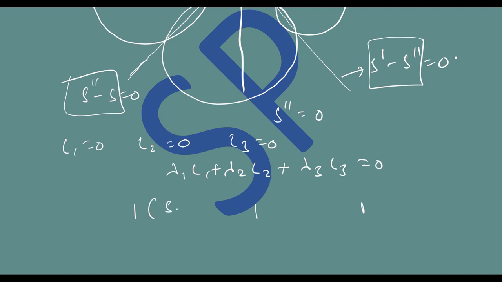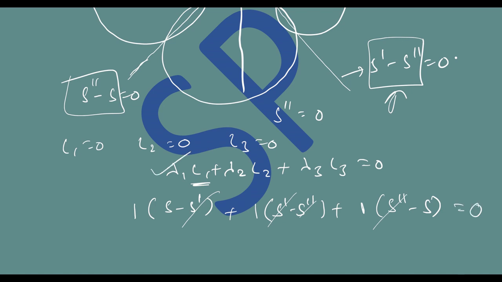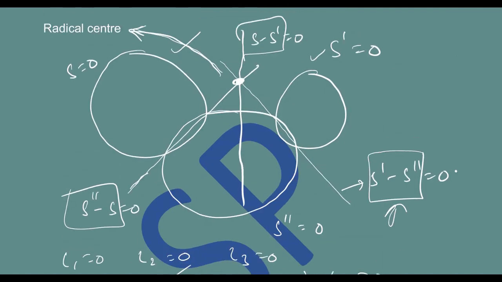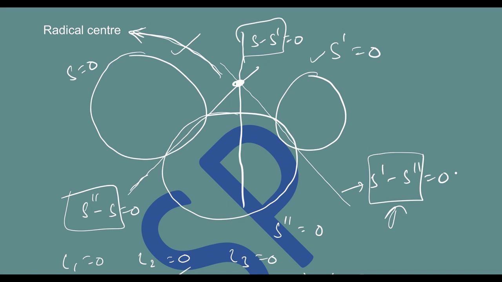So 1 into (S minus S'), this is L1, plus 1 into (S' minus S''), I am taking this as L2, plus 1 into (S'' minus S). If I simplify this, the terms get cancelled and ultimately I get 0. So this relation is maintained here. That means the three lines are concurrent, and the point of concurrency is called the radical center.